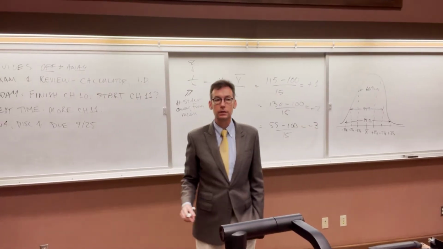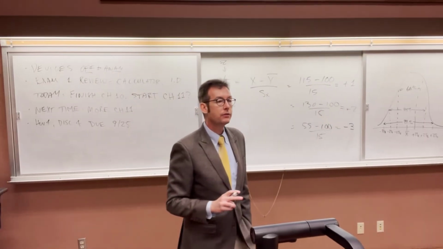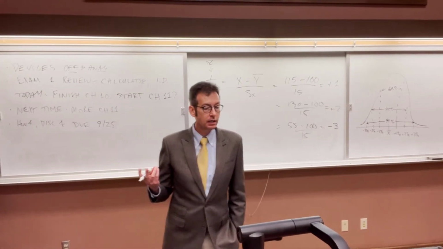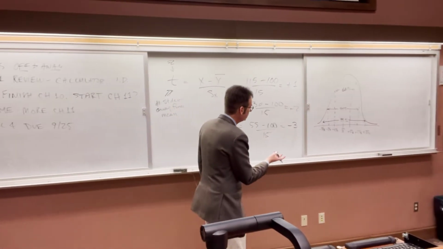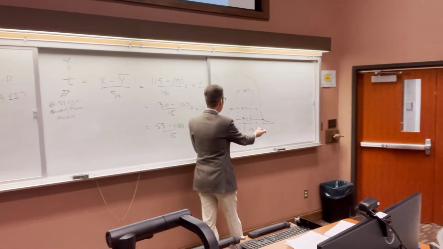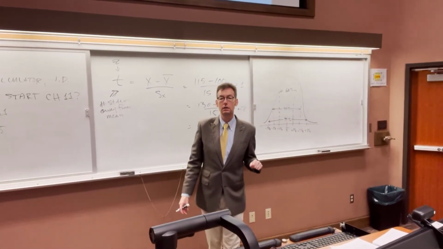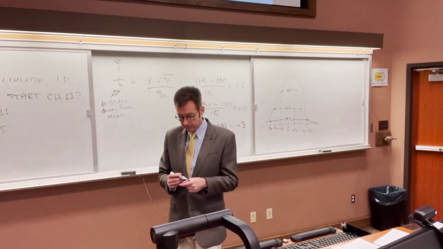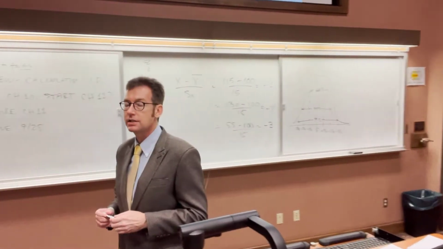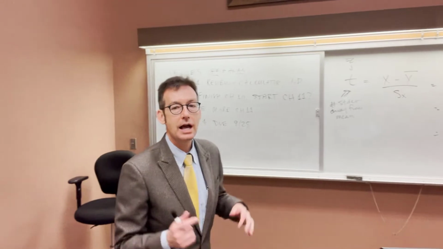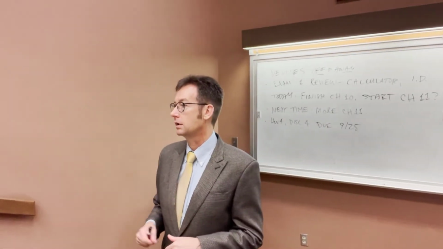See how that works? Okay, and so we know plus or minus 3, let's say it's 99%. And so we have 1% left in the tails, so how much is in this tail right here? Yeah, 0.5%.